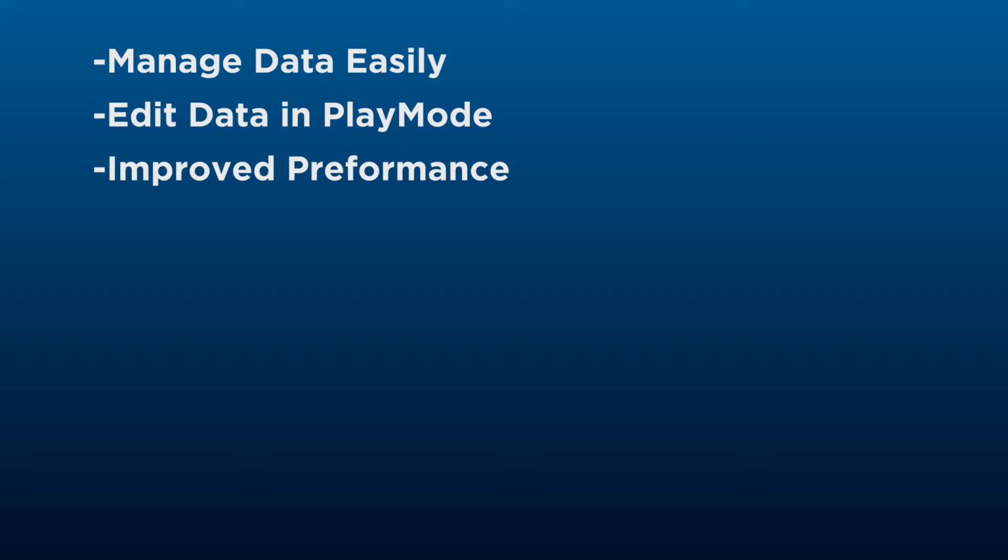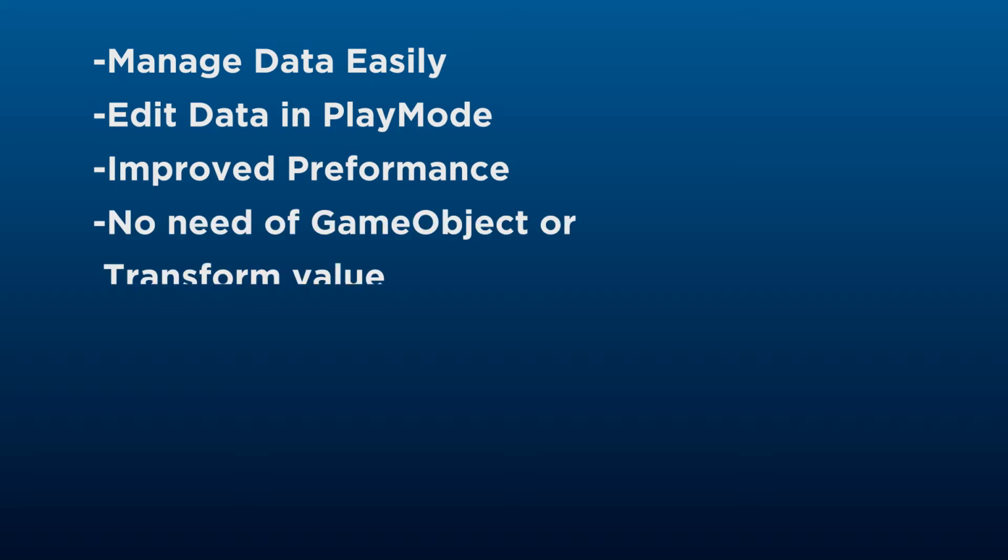Since scriptable objects don't derive from MonoBehaviour, they don't need a game object or transform value to function, and they don't live in the scene. We can serialize scriptable objects just like MonoBehaviour scripts through the inspector window.